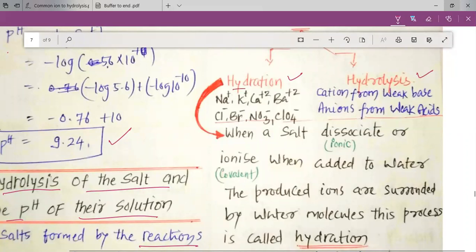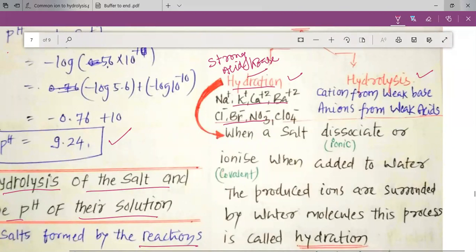In the process of hydration, my dear students, those ions which are produced from the strong acid or strong base undergo the process of hydration, so the water molecules surround these ions.